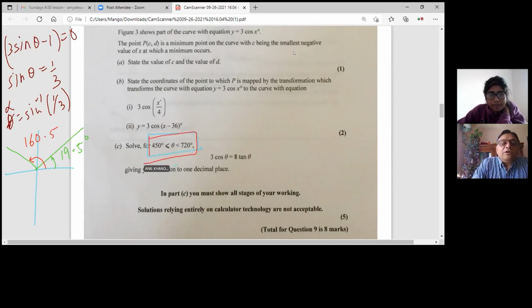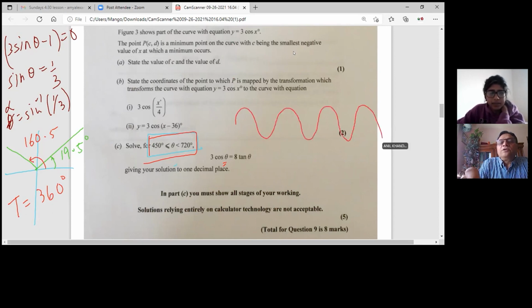You're working with theta, so what is the time period? The time period is 360 degrees, so that is the next cycle. This is a sine wave, so you have to add 360. You got these two points, but you have to find the next two points, until we get into the domain.